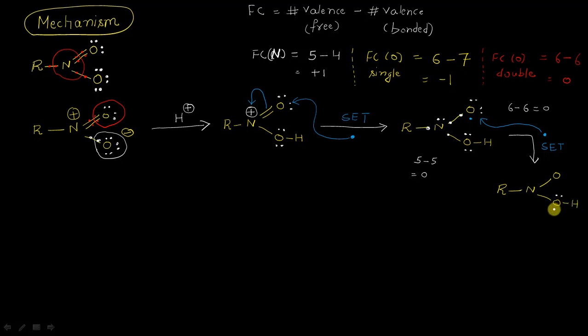And the lone pairs can be shown like this. This also contains a lone pair of electrons. This also contains the first lone pair, the second lone pair, as well as when the second electron came from the single electron transfer mechanism, this will become what? This will become a lone pair here. And when you try to calculate the formal charge on this oxygen atom, you will see it will be having a -1 formal charge.